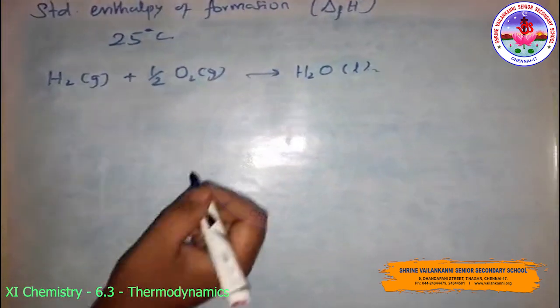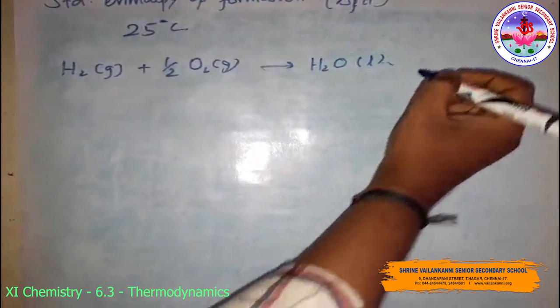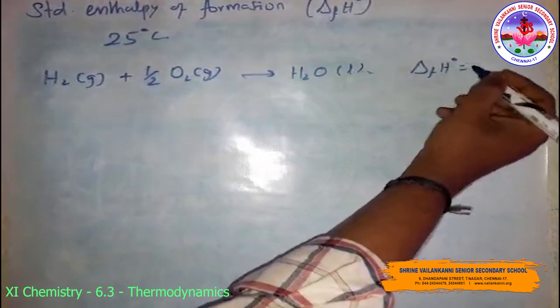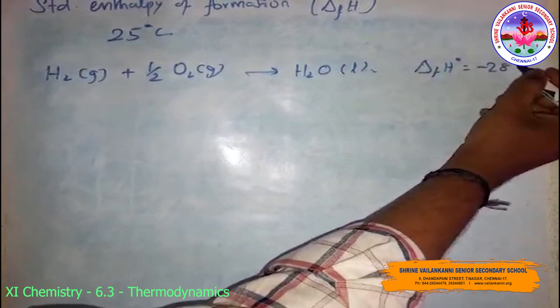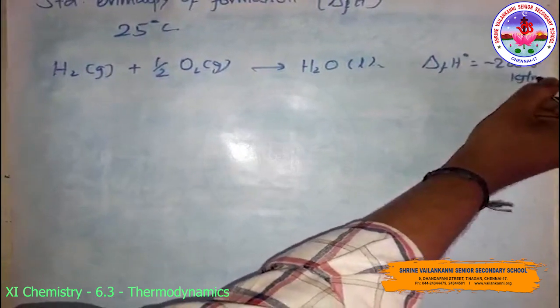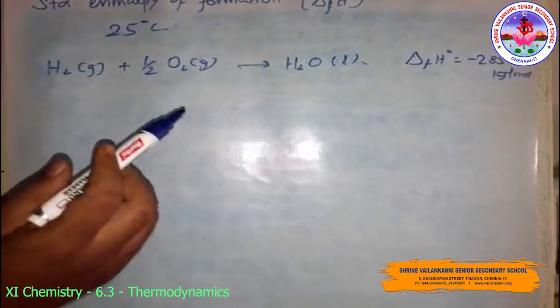The standard enthalpy of formation for this reaction, delta H f, is minus 285.8 kilojoule per mole.